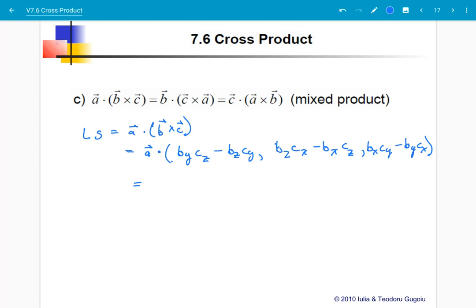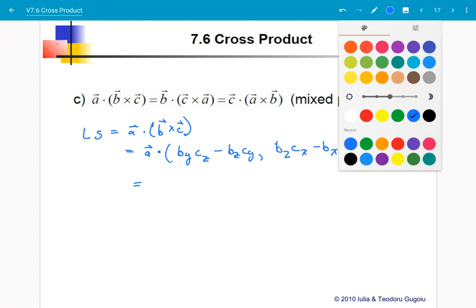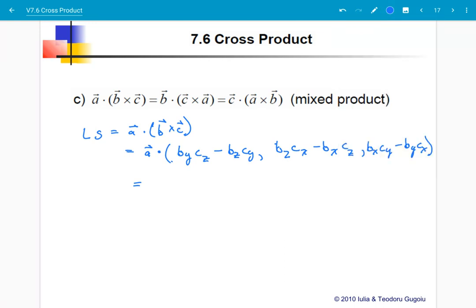And of course, vector A, we're going to dot it now. Vector A is AX, AY, AZ. So dotting means multiplying the X components.